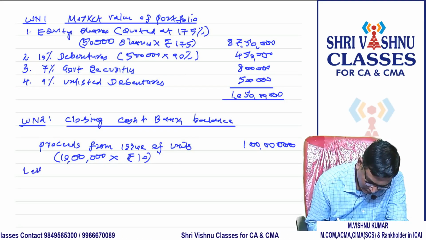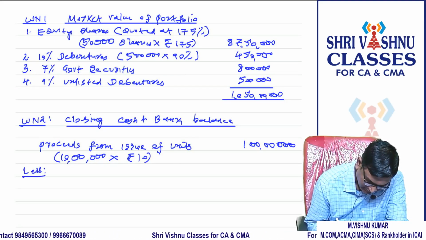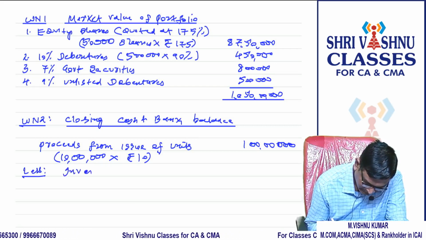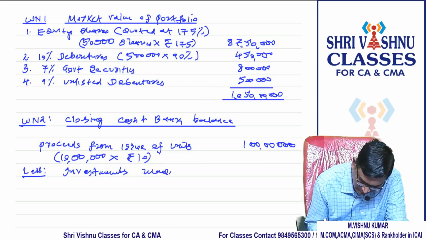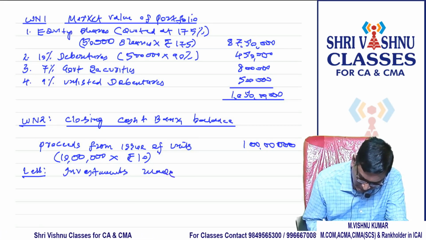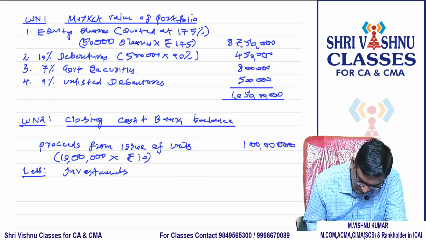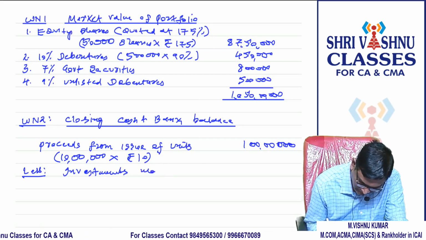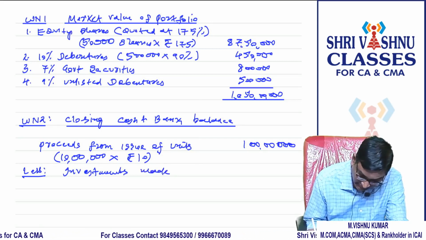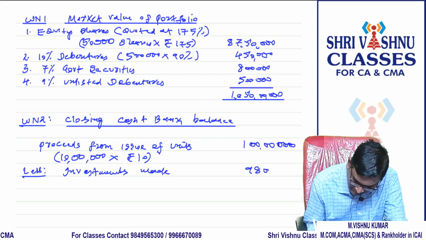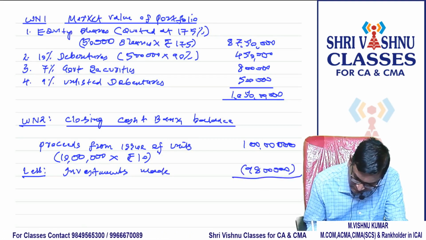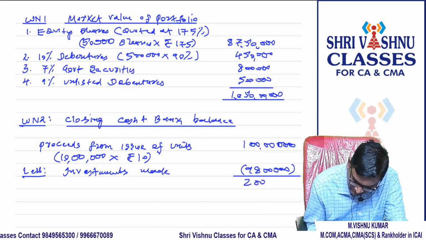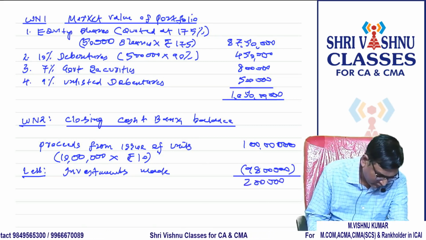Next, minus investments made, 98 lakhs. Balance 2 lakhs.